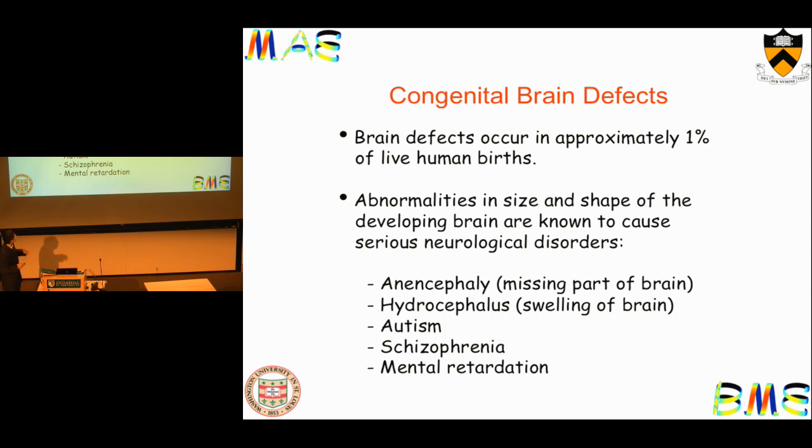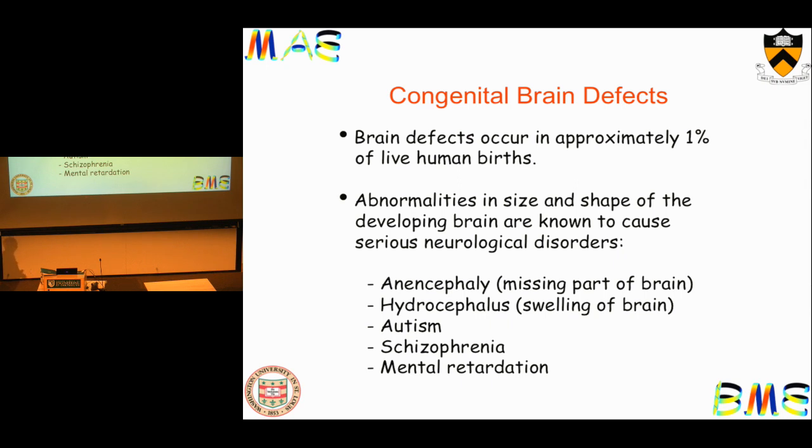Here we choose to study brain morphogenesis because such studies can benefit our understanding of congenital brain defects and hopefully can benefit practices in preventing such defects. Brain defects occur in almost 1% of live human births.